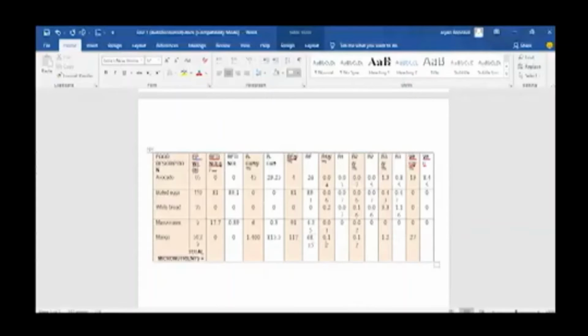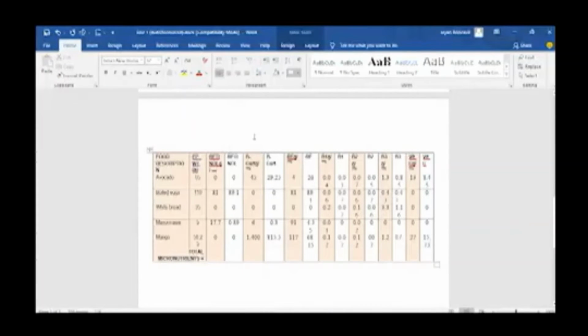Then for B1, 0.12 times 58.25 by 100 is equal to 0.07. Same for B2. Then 1.2 times 58.25 by 100 is equal to 0.7. And for vitamin C, we have 15.73. So now that we have filled everything, we can add it.